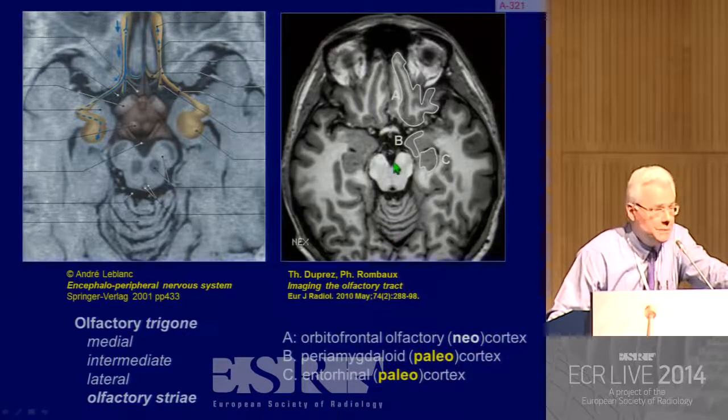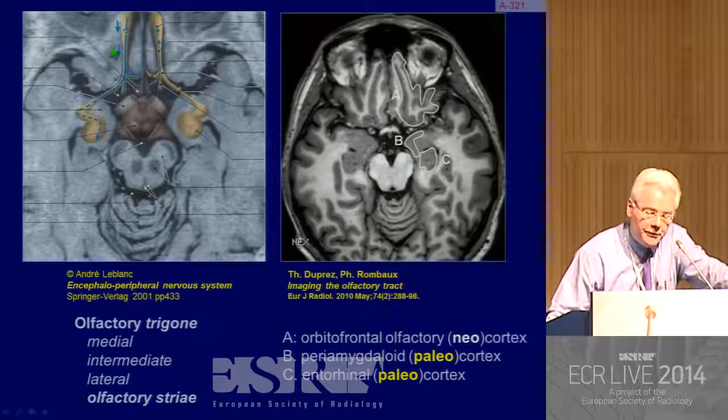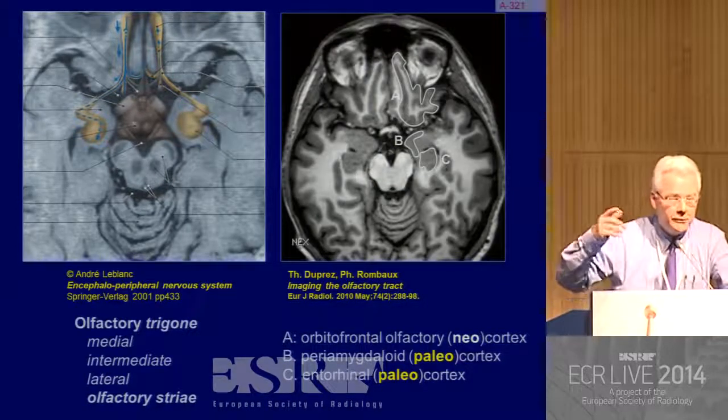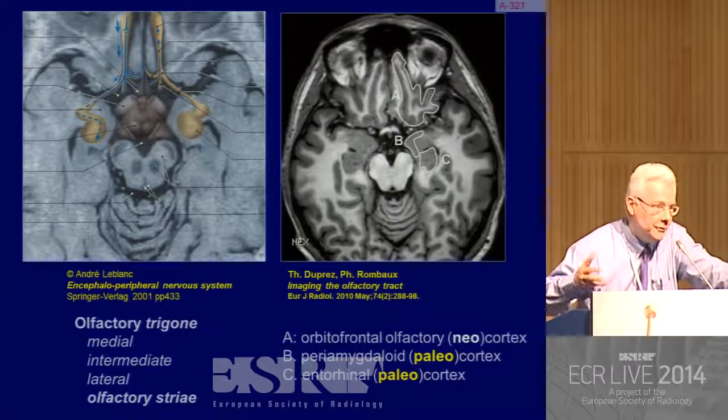And it must be highlighted that those cortical areas are made of paleocortex. Thus, the olfactory tract projects on the old brain, the phylogenetically old brain, the brain of the primitive man.